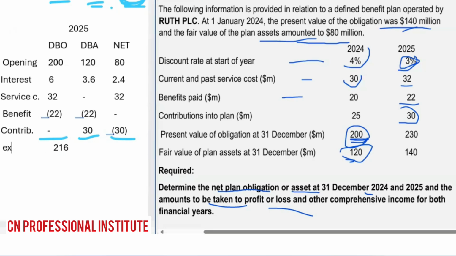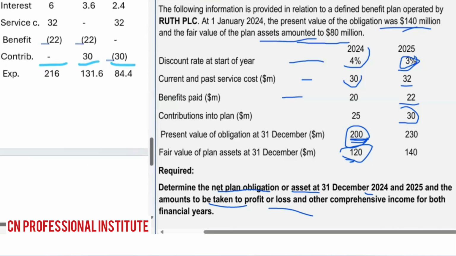For the asset, 120 plus 3.6 minus 22 plus 30 gives us 131.6. Then the net, 80 plus 2.4 plus 32 minus 30, should give us 84.4. So these are the expected values.